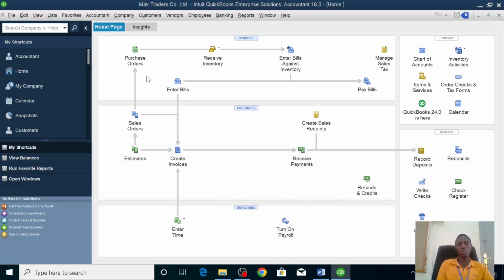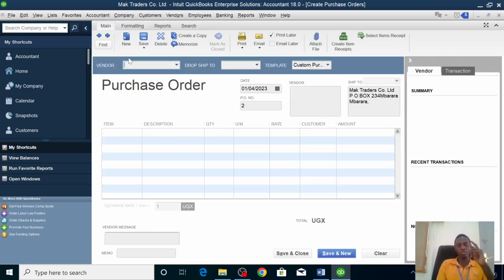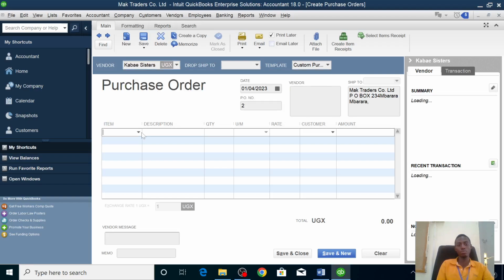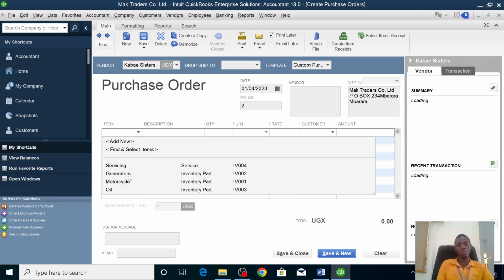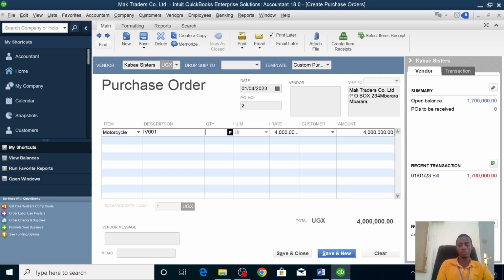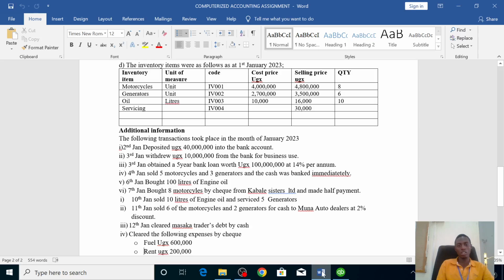So it's also a purchase. I receive, then I pay. My vendor, Covered Sisters. Item, they are motorcycles and 8 of them.